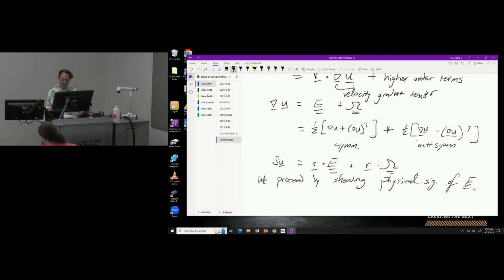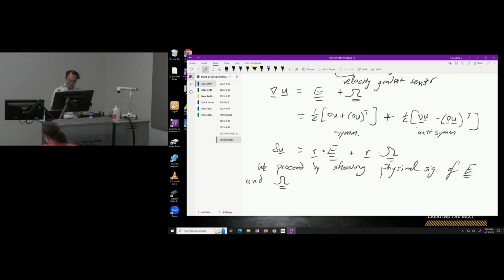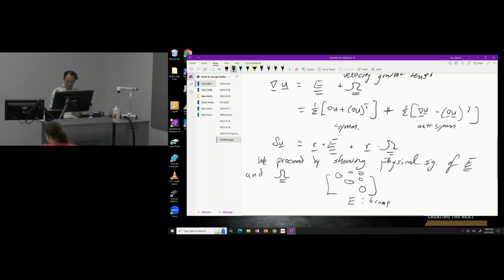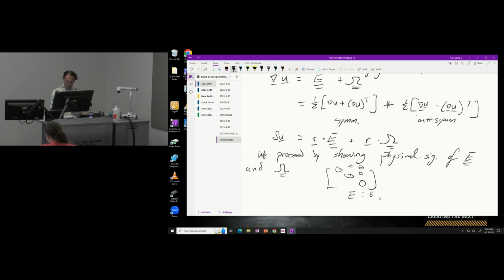They actually contain information about the flow, as we'll show you, and I think some of you have already done the homework. Remember, E is symmetric, so you've got 3 diagonal components and 3 off-diagonal components, 6 pieces of information.